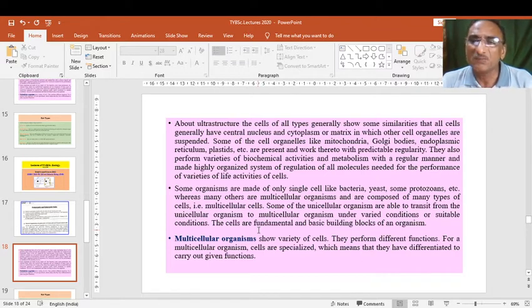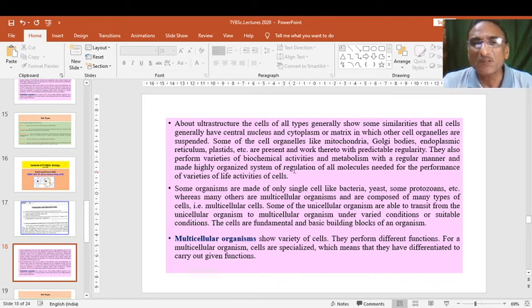Together, whatever material is present in the cell is generally known as protoplasm, which we can divide into cytoplasm and nucleoplasm.